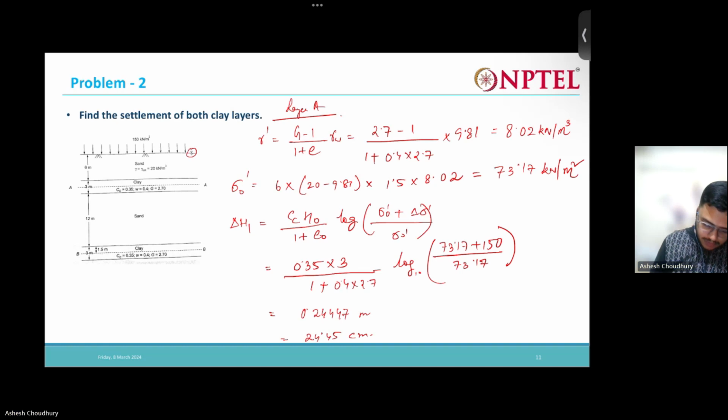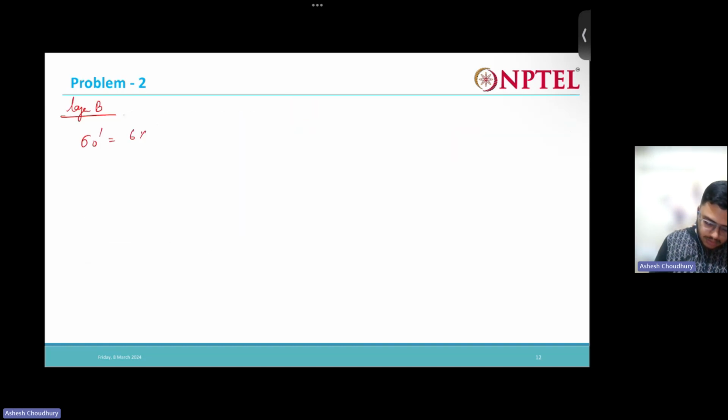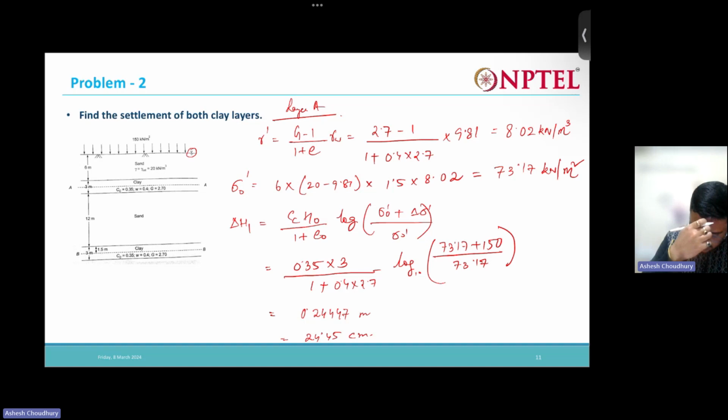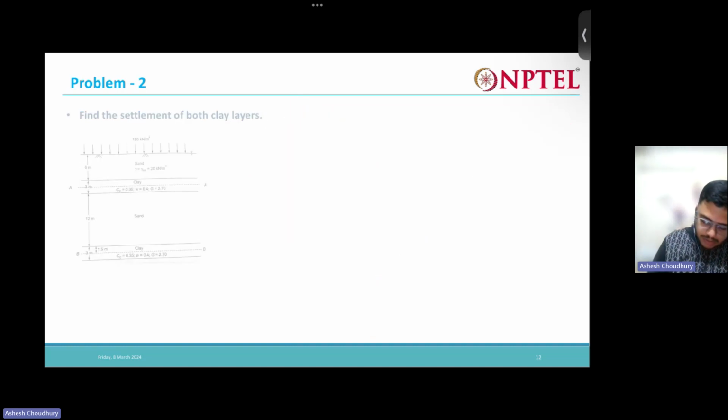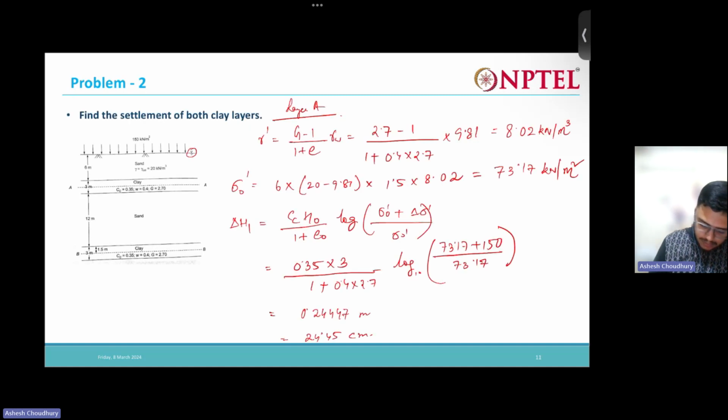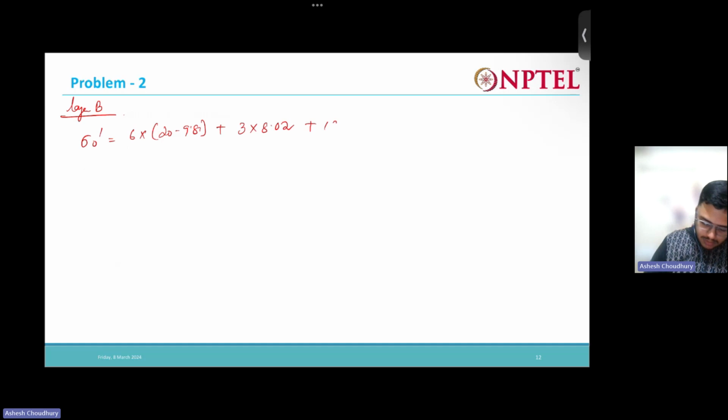So 6 into 3 into 8.02. So calculate this.